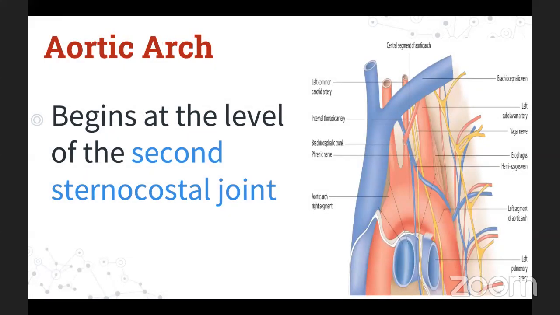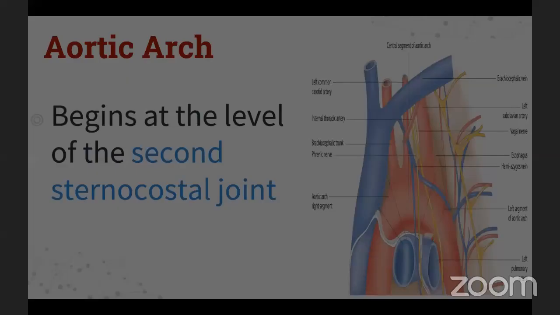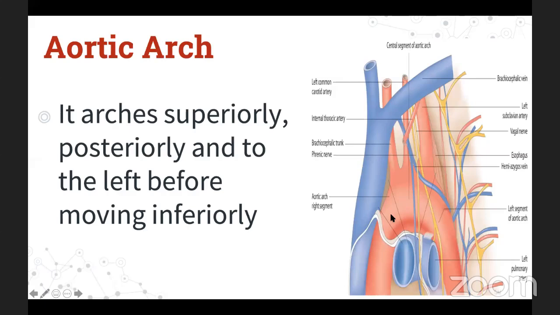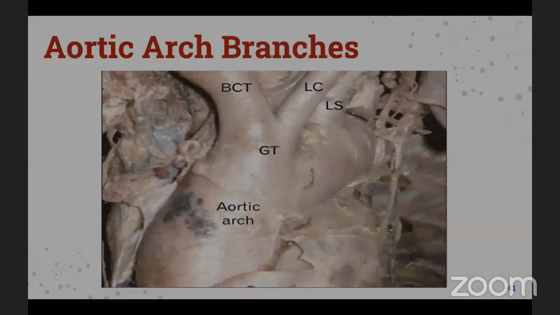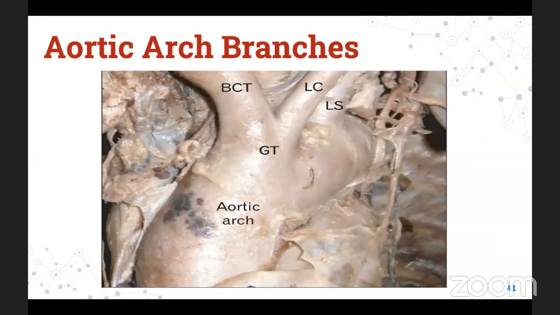Aortic arch begins at the level of the second sternocostal joint, and its course goes superiorly, posteriorly, and to the left before moving inferiorly. The aortic arch gives 3 main branches: brachiocephalic trunk, left common carotid artery, and left subclavian artery.